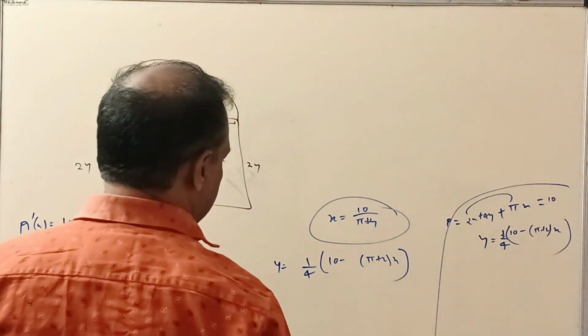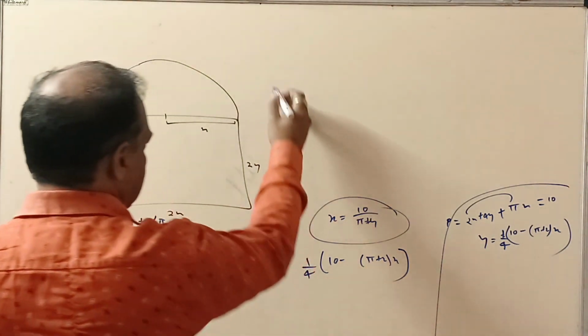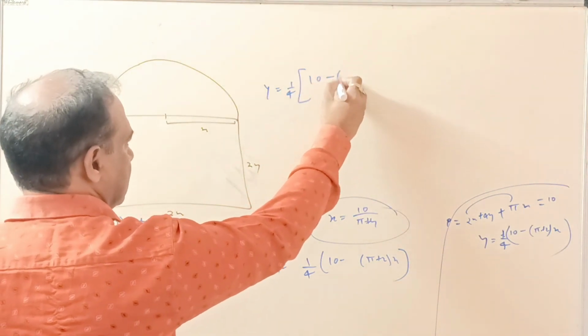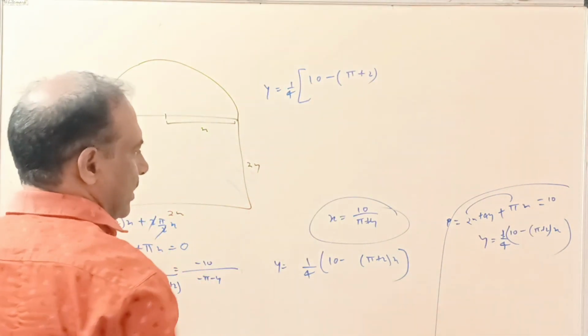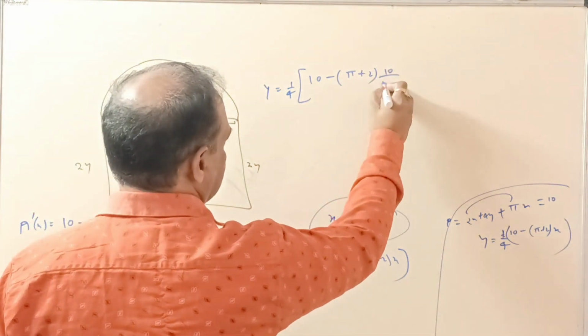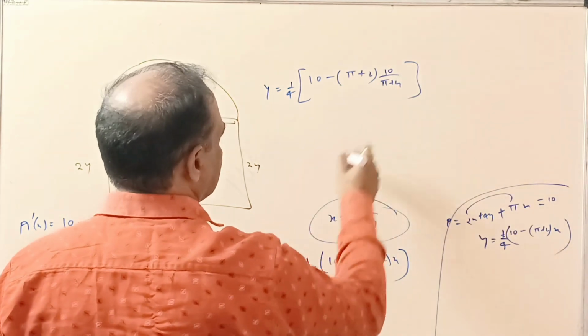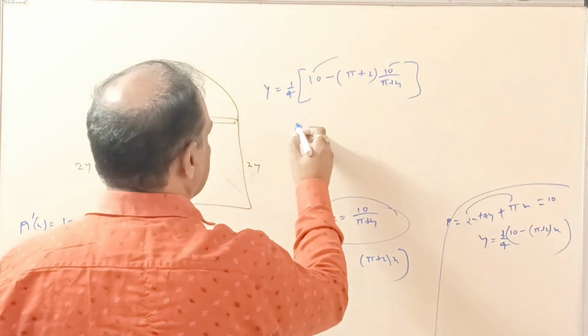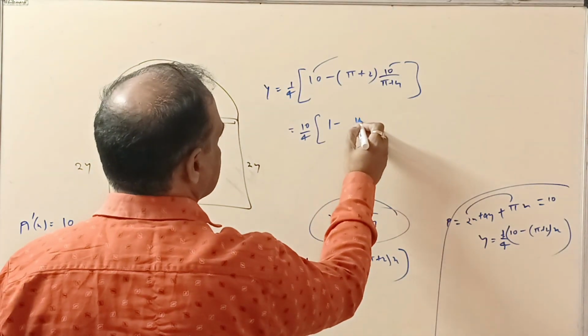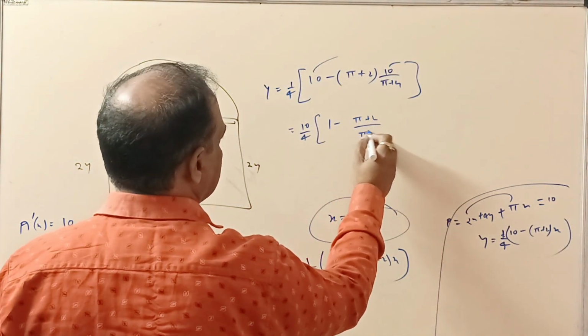Now here I have to solve this. y equals 1 by 4 times 10 minus pi plus 2, and how much is x? x is 10 over pi plus 4. Okay, 10 is coming on both sides, so I can take it out. This will become 10 over 4, and here this is 1 minus pi plus 2 over pi plus 4.